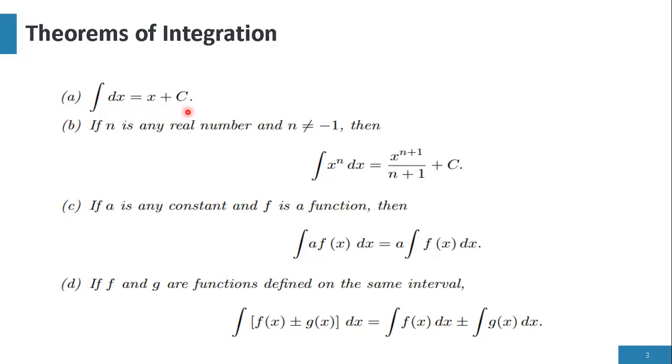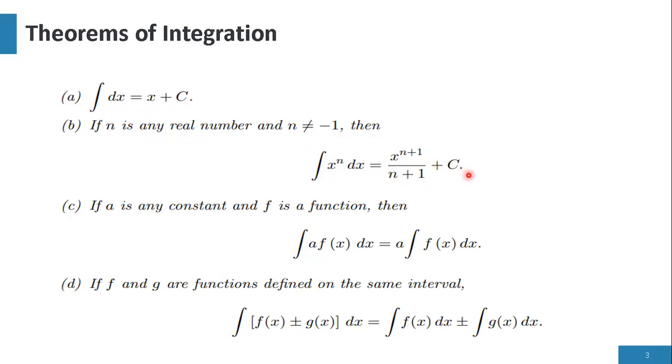For the second theorem of integration, if n is any real number and n should not be equal to -1, then the integration of x raised to n dx is just equal to x raised to the power of n plus 1 all over n plus 1 plus c.